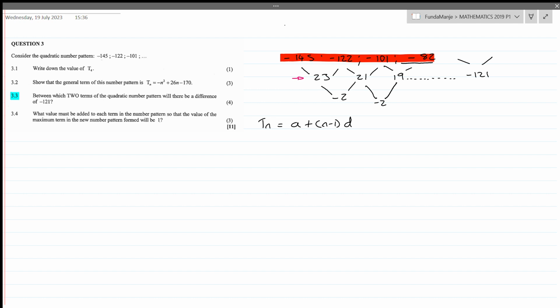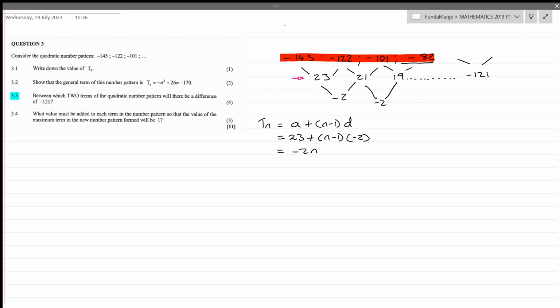So in this case we will use a as 23 as the first term plus n minus 1 d, the difference is minus 2, substitution brackets. Then from this we can say minus 2n.